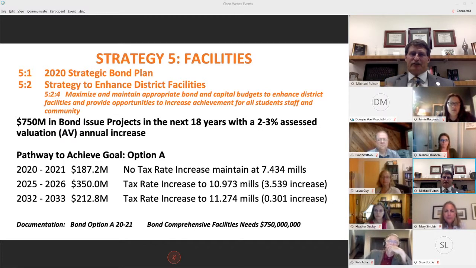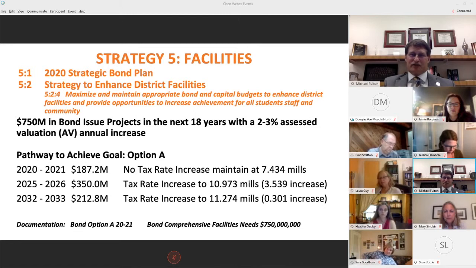You know you have a life expectancy for an HVAC system. You know you're going to have ongoing maintenance and repair of that HVAC system. Bonds replace it, capital outlay maintains it and repairs it. That is true across the board in these two items, capital outlay and bonds.